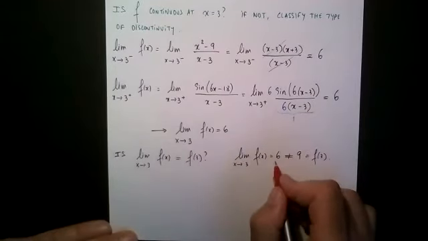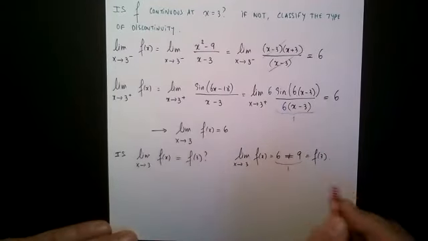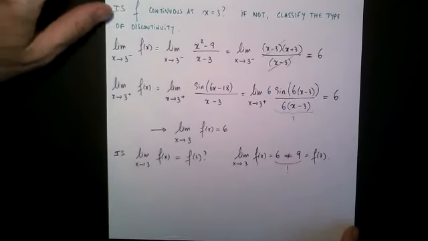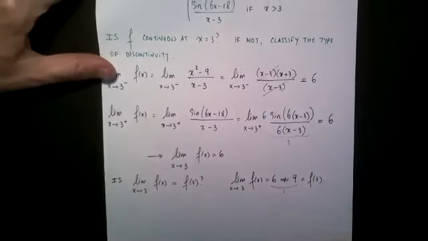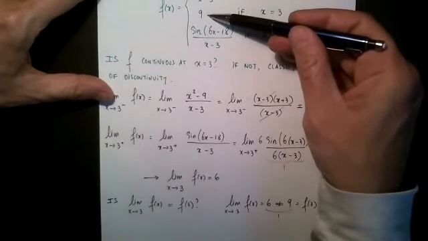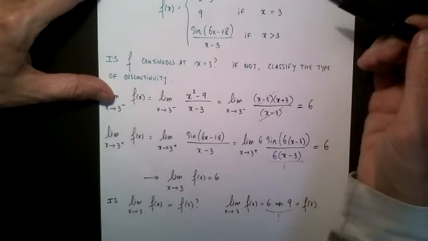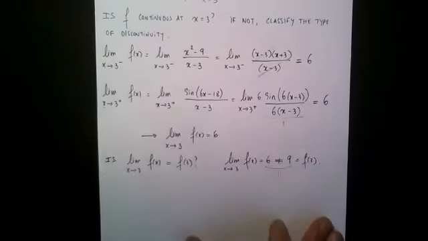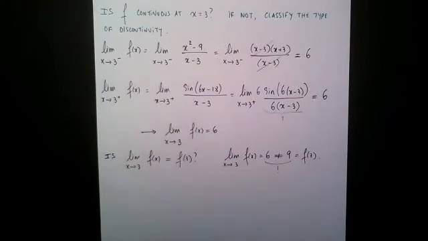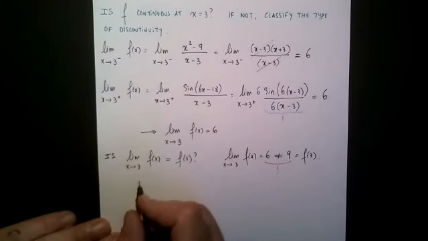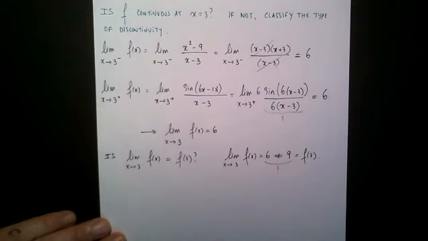Okay, so this is where the problem is. If in my function, I'm just going to move up a bit, 2 seconds. There you go. If this here was a 6 instead of being a 9, the function would have been continuous. Okay, are you with me? You understand? So let me write down the conclusion here.